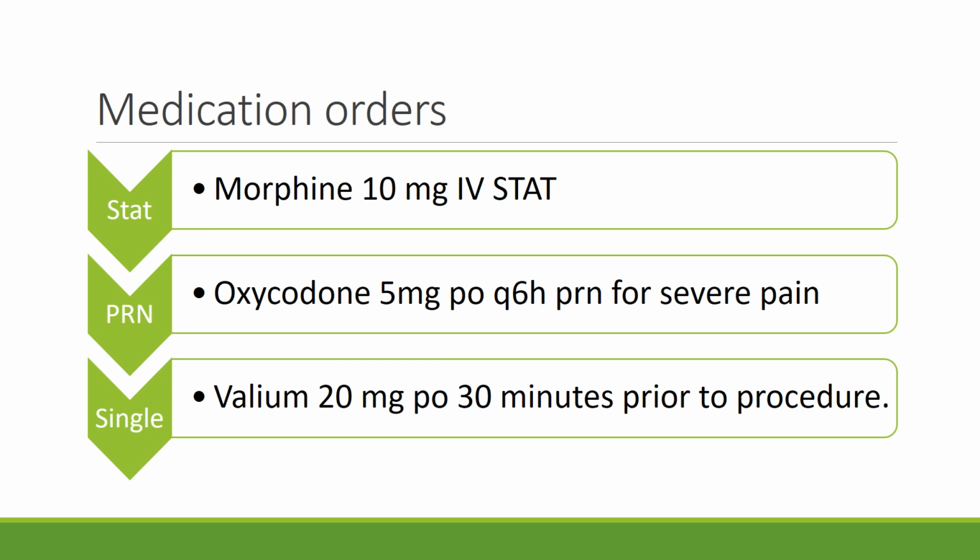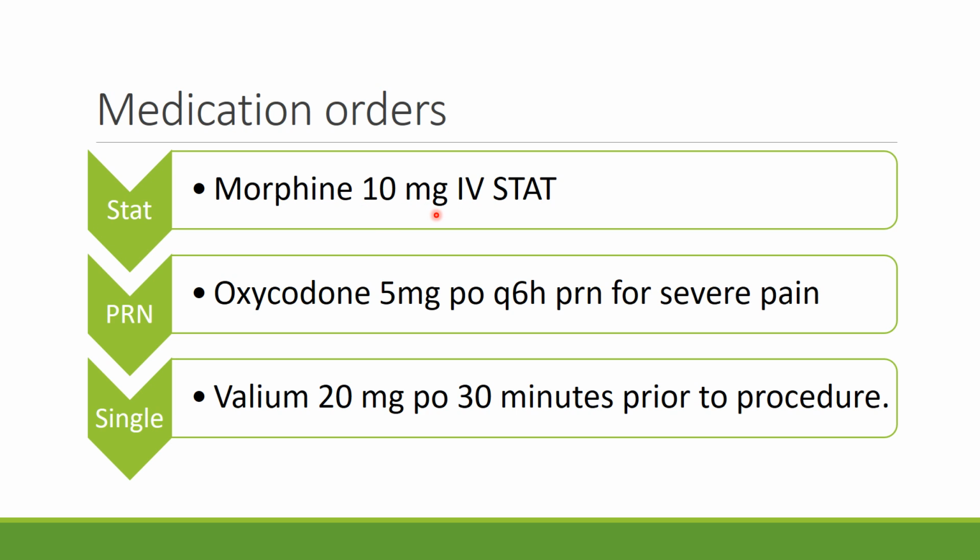In preparing to administer medication, it's imperative that you review the order which a physician or a healthcare provider has written. Those orders will contain certain parts. Obviously, it's important that you know the medication name that has been ordered.